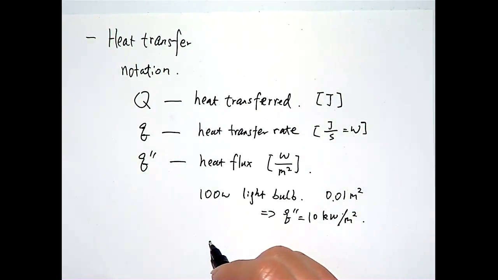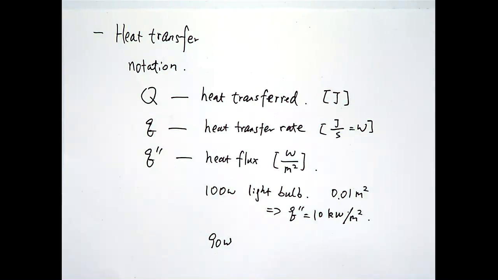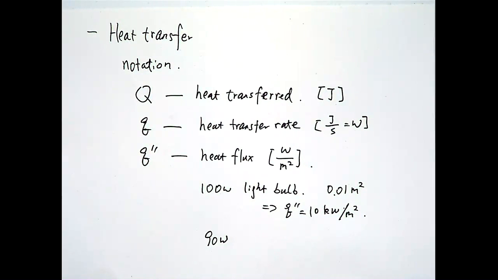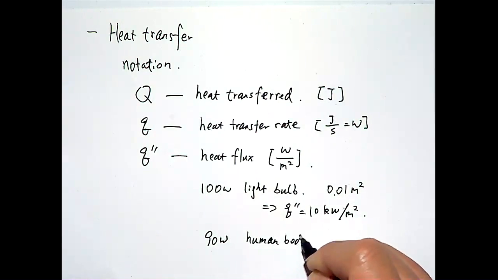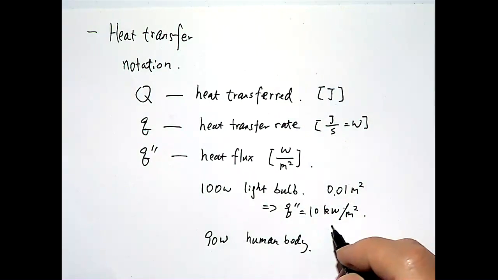In another case, consider that the human body generates heat, typically about 90 watts for a typical-sized human body. If we consider the surface area of a human, basically the skin area, a typical area is around 2 meters square.